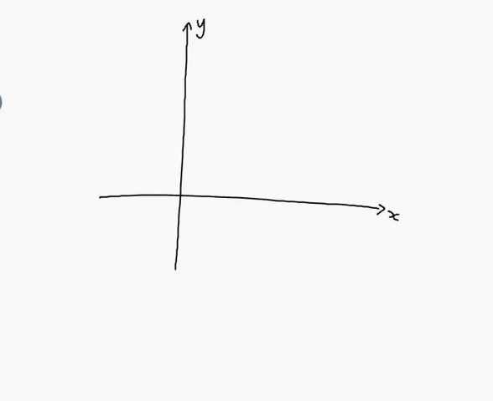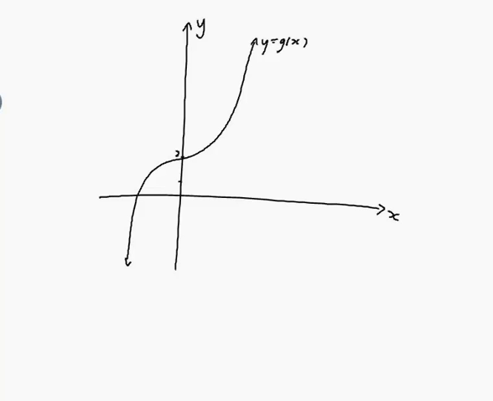X cubed would be that lovely squiggle that x cubed is, and x cubed plus 2 would be shifted up the y-axis 2 units. So instead of doing its thing at the origin, it would do it just here. So x cubed plus 2 would look something like this. So that's y equals g of x, and that's a 2 there.